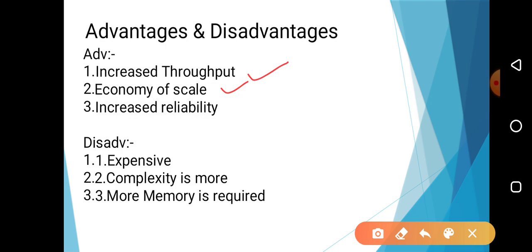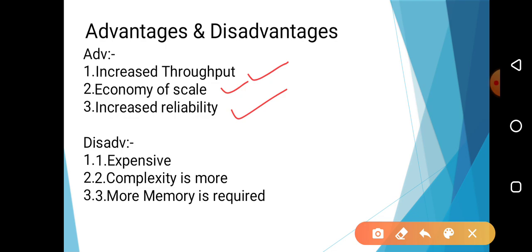Therefore, you don't need to buy multiple systems to attach multiple processors. And also, it shares all the resources like memory, clock, bus, etc. Therefore, it results in economy of scale. Increased reliability. Consider the situation if there are 5 CPUs connected with each other in one system.